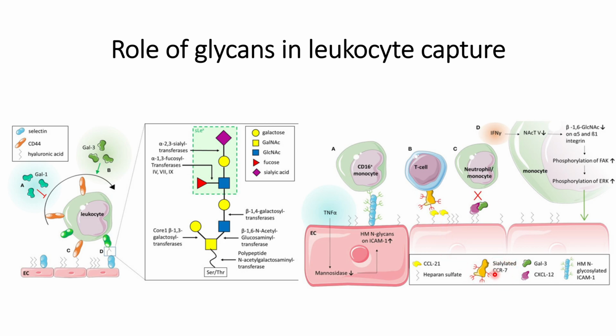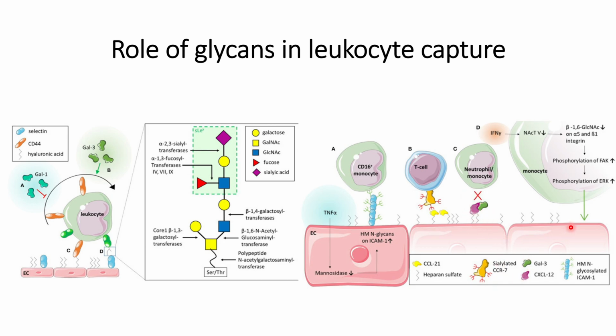In another case, when sialylated CCR7 is expressed on the endothelial cells, it will prevent the adhesion of neutrophils and monocytes. This usually happens when the requirement of immune cells is reduced at the site of infection, or there is no requirement of immune cells at a particular site.